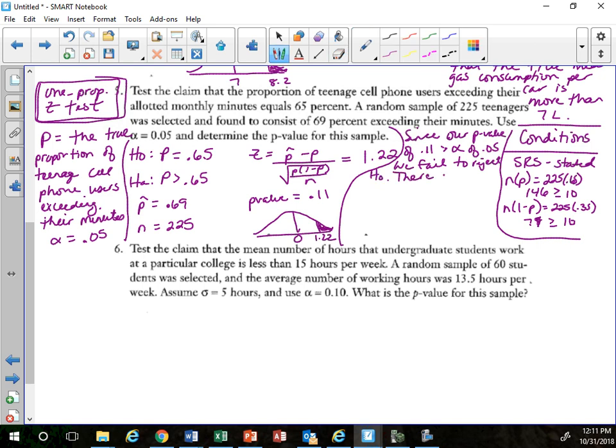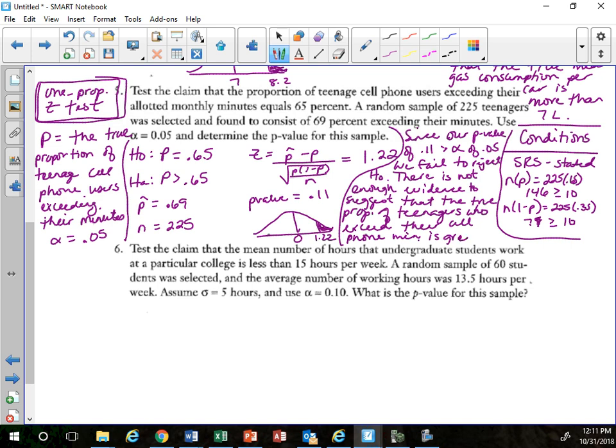There is not enough evidence to suggest that the true proportion of teenagers who exceed their cell phone minutes is greater than 0.65.